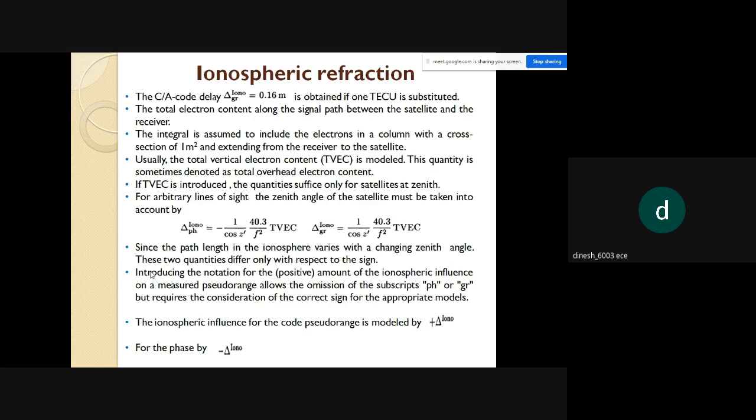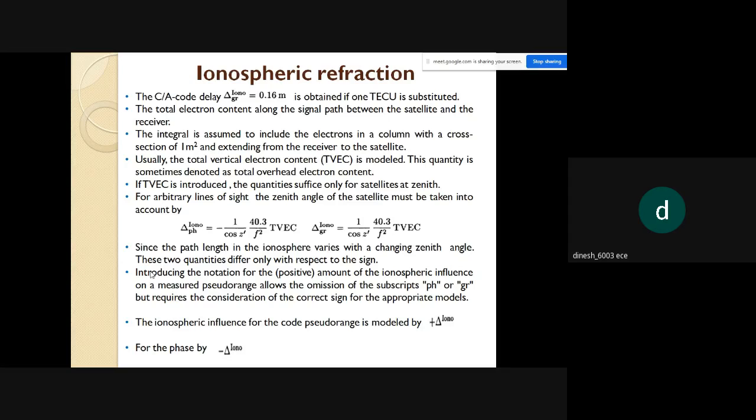So we are going to introduce plus del Iono and minus del Iono. The remaining is all the same. If it is plus del Iono, the ionospheric refraction is your group velocity. And if it is minus del Iono, it represents your phase velocities.